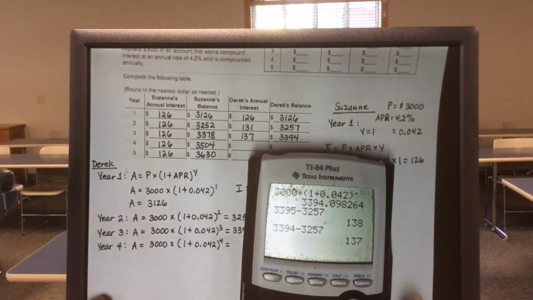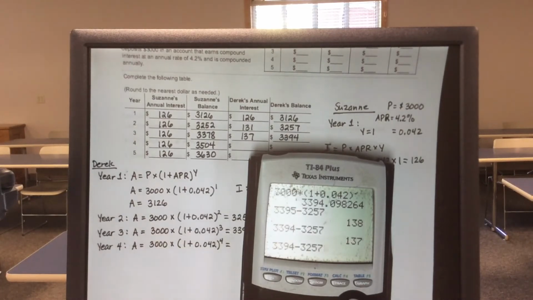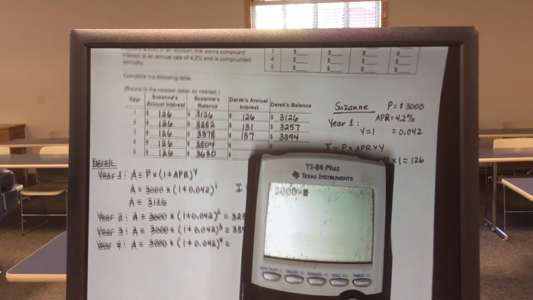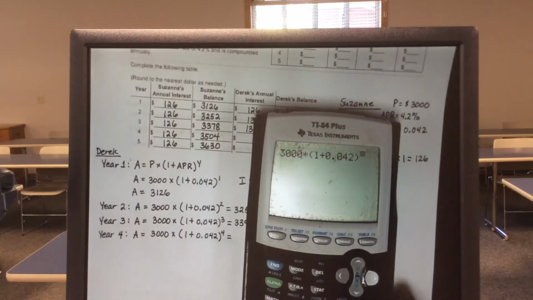And in this case, second enter. Oops. I'll go ahead and enter it in again. 3,000 times, and then left parentheses, 1 plus 0.042, close parentheses, the hat key for your exponent, and then 4.